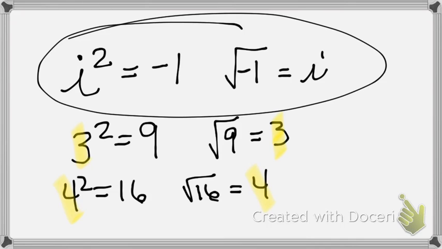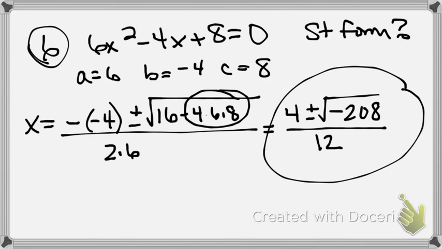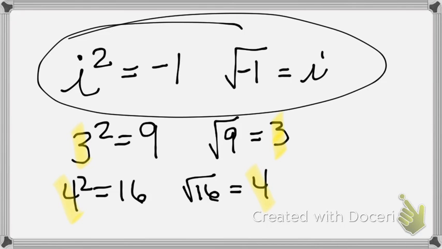So let's go back to our problem. The square root of negative 208 is the same thing as the square root of negative 1 times the square root of 208. What is the square root of negative 1? i.